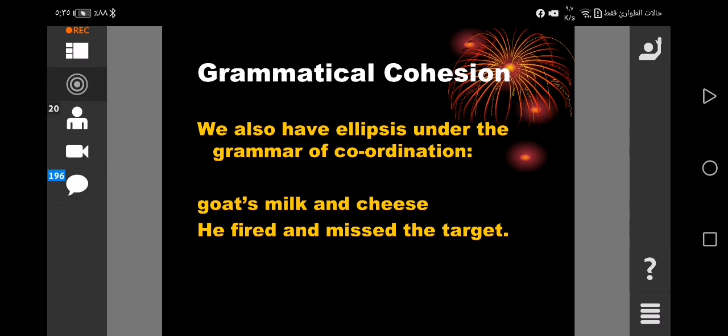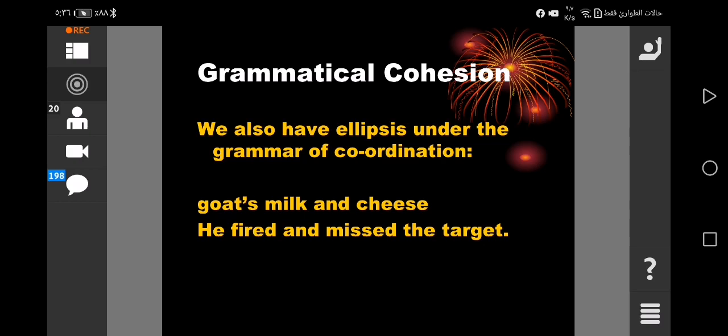We also have ellipsis under the grammar of coordination. Goat's milk and cheese. What is ellipted here? Has?